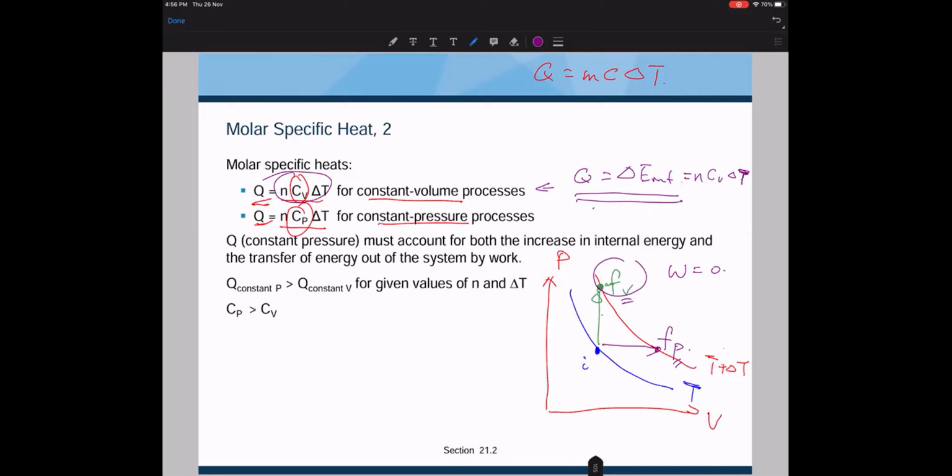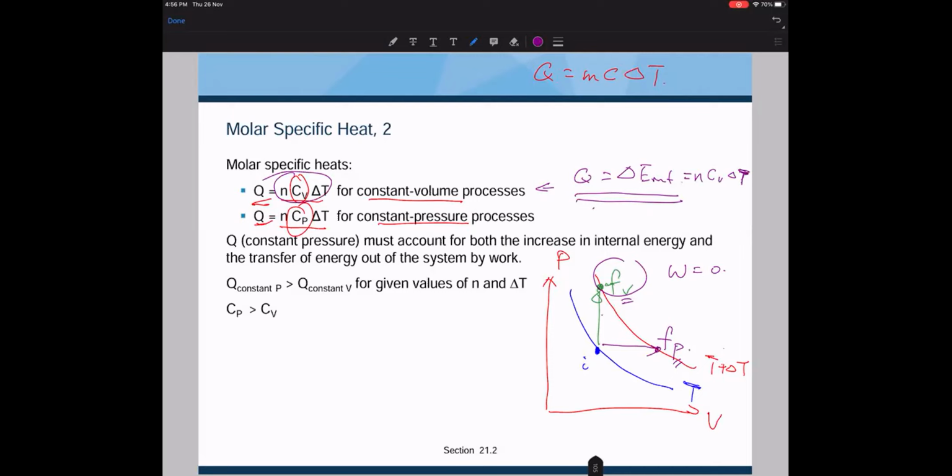Because in the constant volume process, all the heat is used for internal energy change. So we could make use of this fact to calculate the internal energy change by the NCV delta T equation.